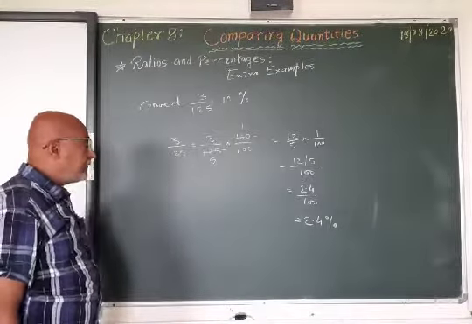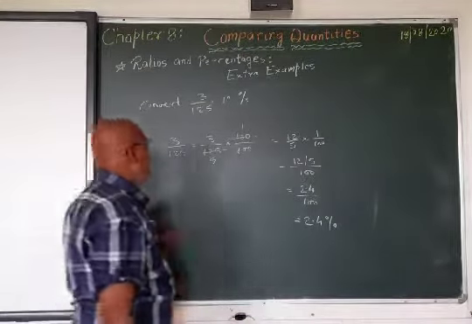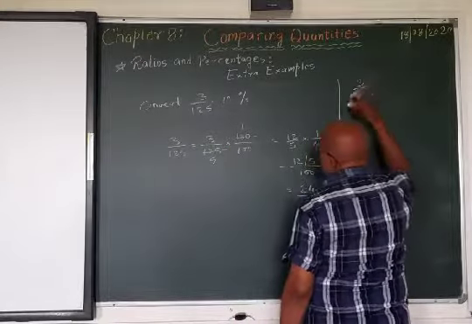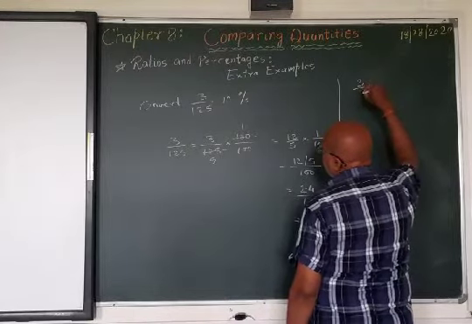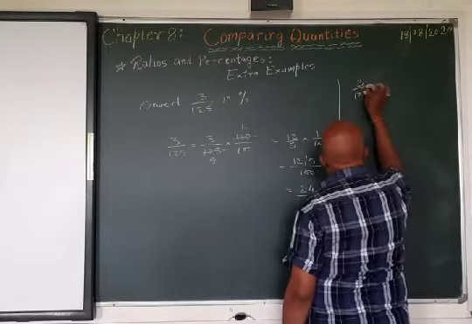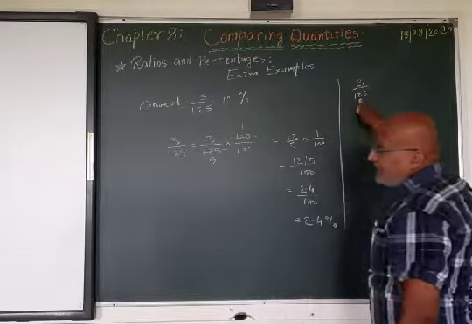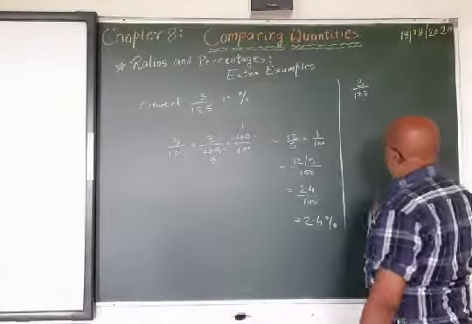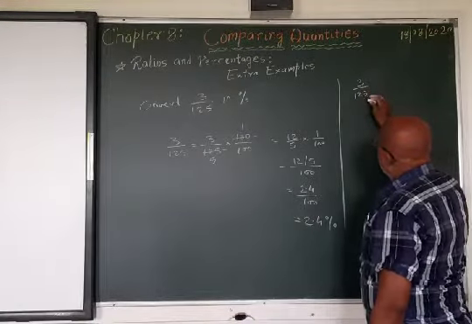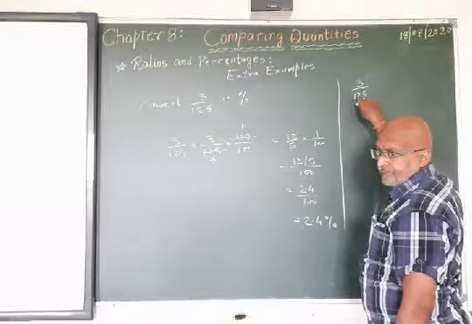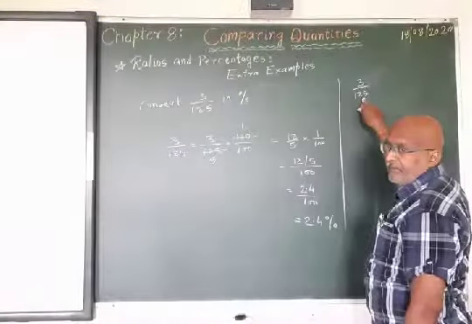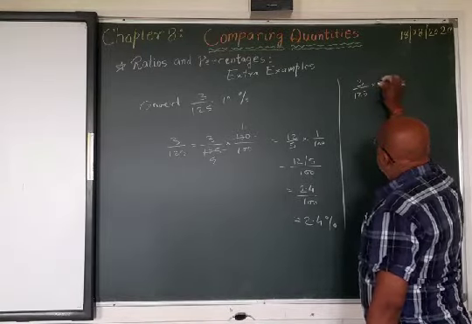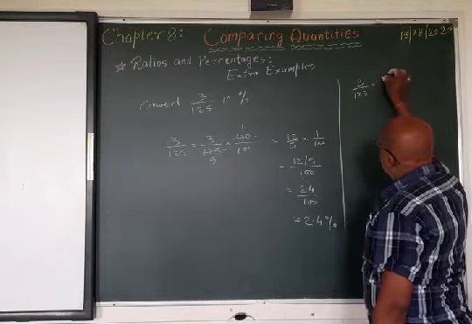Or one more way, one more shortcut is there, which I will show you. The given fraction is 3 upon 125. Now instead of 125 we need 100 here. So what we have to do? We divide 125 by 5 and multiply by 4, so each will be multiplied by 4.